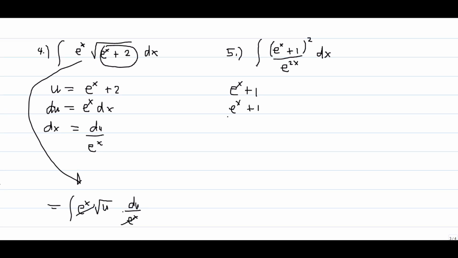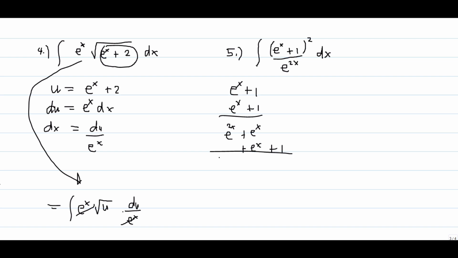So we can now multiply e to the power x times e to the power x, that is equal to e to the power 2x, then plus e to the power x, then plus e to the power x, then plus 1.